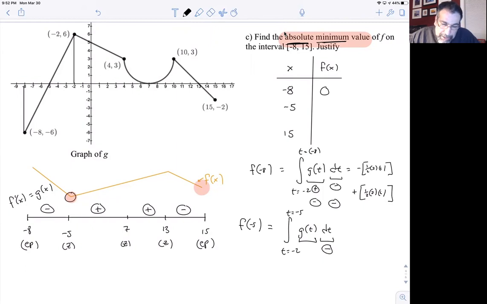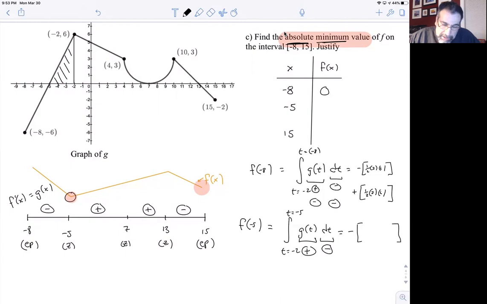From -5 until -2, I'm sorry, from -5 until -2, we're above the axis the entire way, and we are just getting this triangle right here. So g of t is positive, dt is negative. That's going to result in a negative.